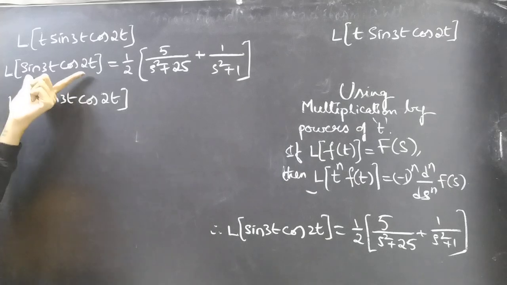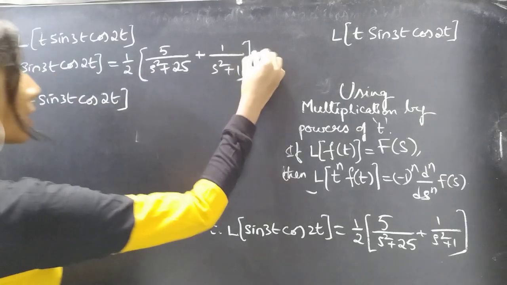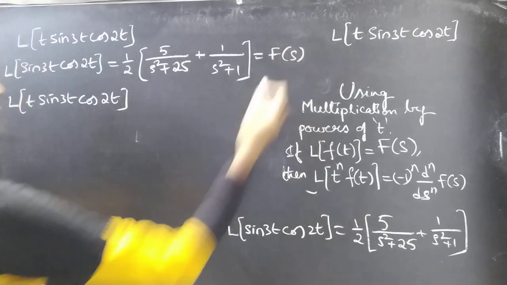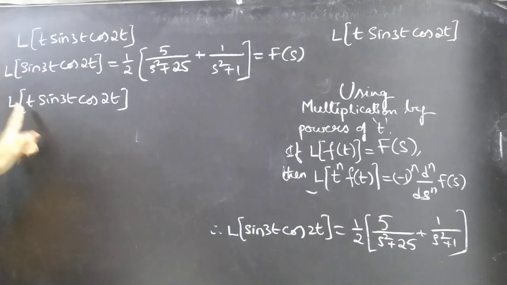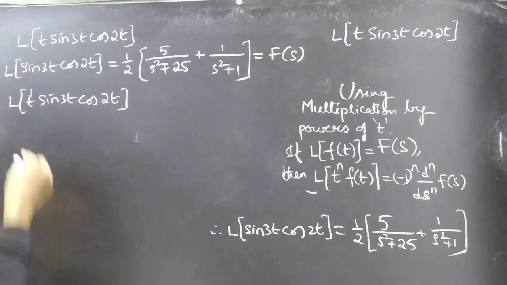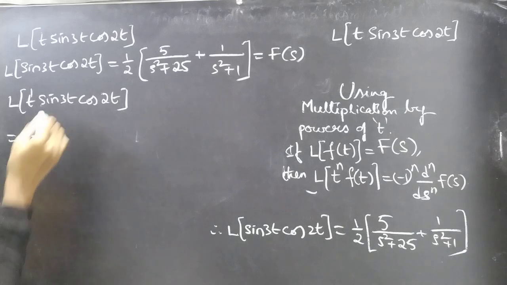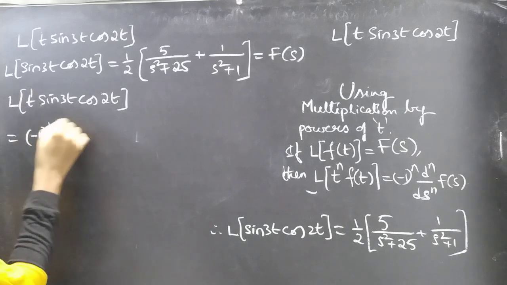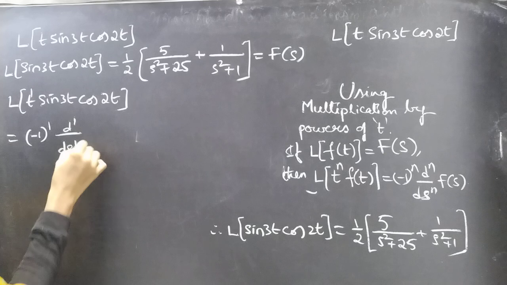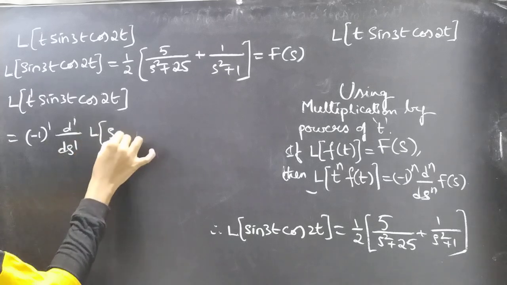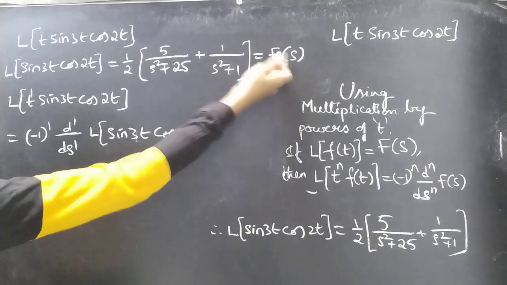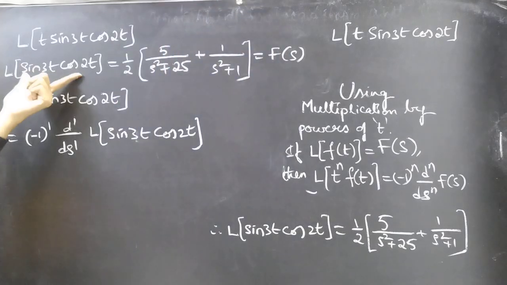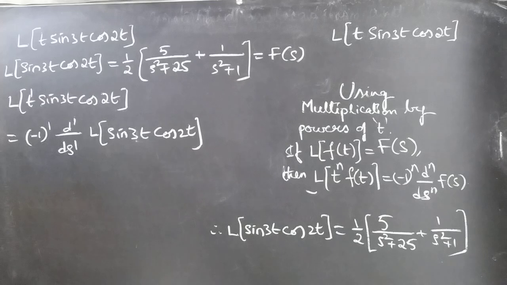So we got L of f of t, which is our F of s. Then, by applying the multiplication by powers of t formula, L of t power 1 into f of t will be equal to minus 1 power 1 into d power 1 by ds power 1 into L of sin 3t cos 2t, or simply F of s for f of t equal to sin 3t cos 2t.